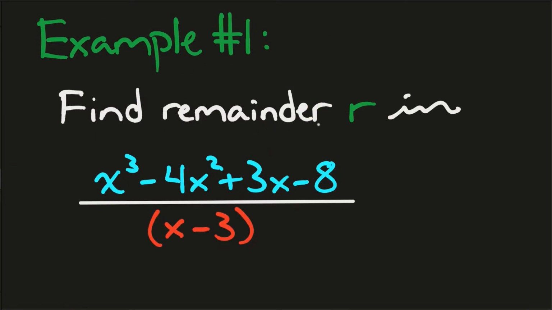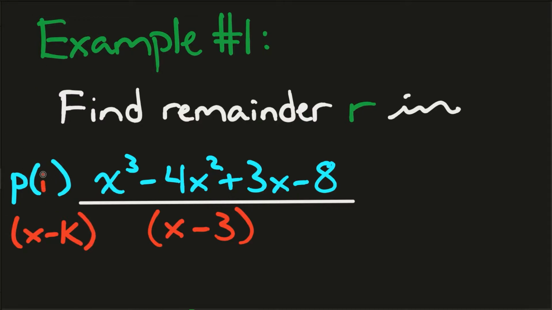In our example, we are asked to find the remainder r in the expression x cubed minus 4x squared plus 3x minus 8 divided by x minus 3. Now, recall that the numerator is simply the polynomial, which we call p of x, and that the denominator is the linear term, which we called x minus k.